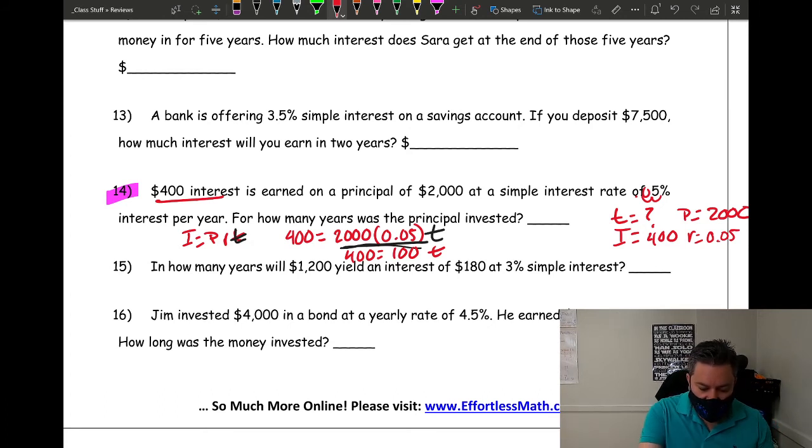Now we have an equation. We have 400 equals 100t. And we got to leave t by itself. So look at 100 and t, and what are they doing together? 100 and t, they're multiplying. So to undo a multiplication, you must divide. So let me rewrite this. 400 equals 100t.